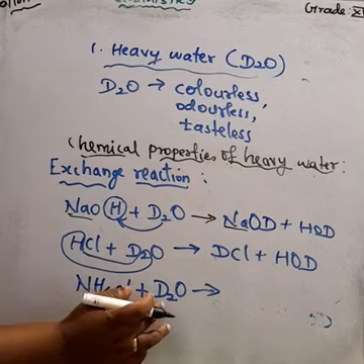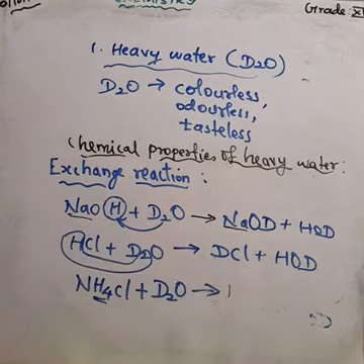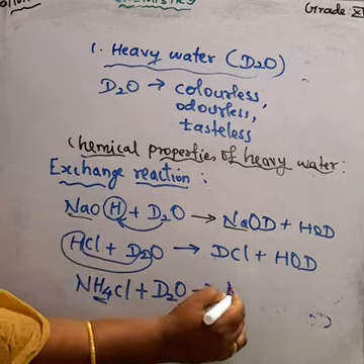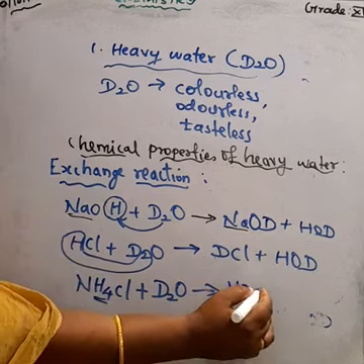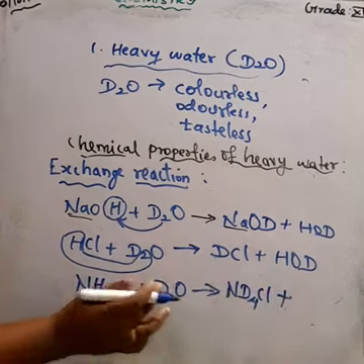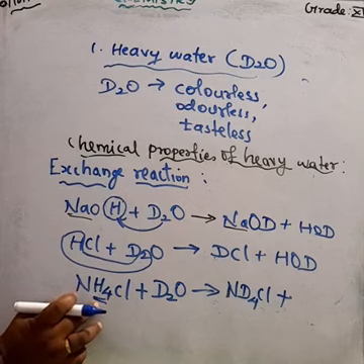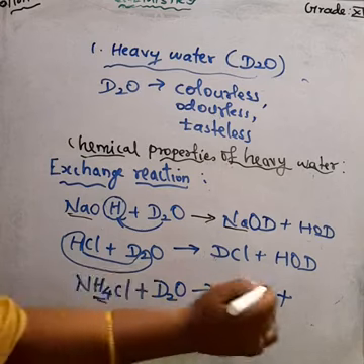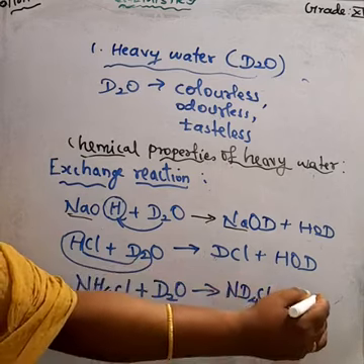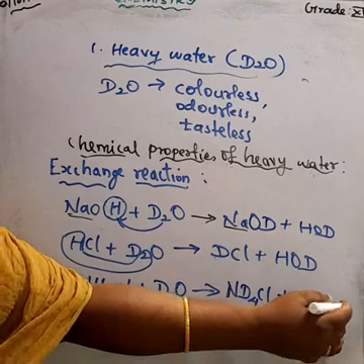So we get ND4Cl, and the remaining product has 1 oxygen. How many hydrogen atoms are there? 4 hydrogen atoms, which are replaced by the deuterium. So we get 4 hydrogen and oxygen and deuterium.